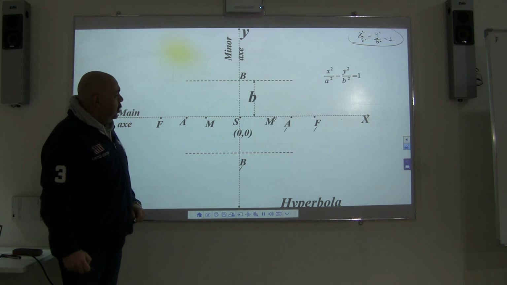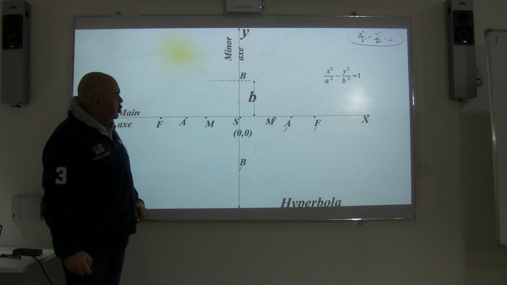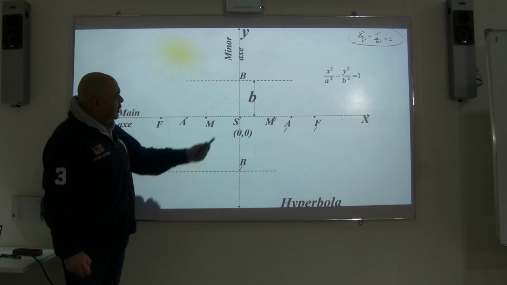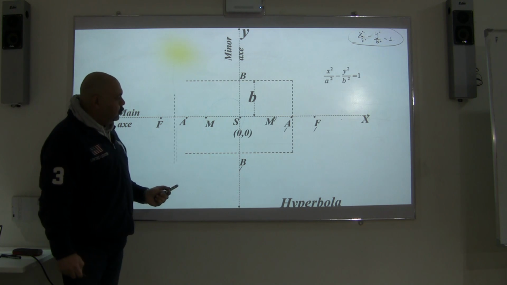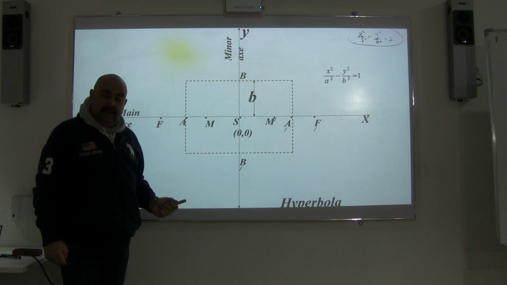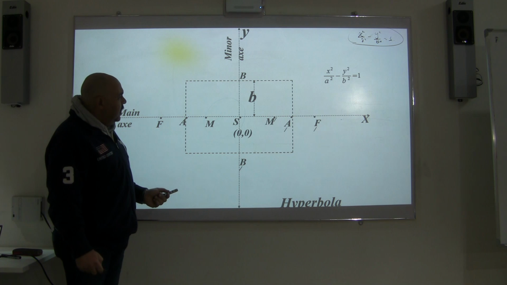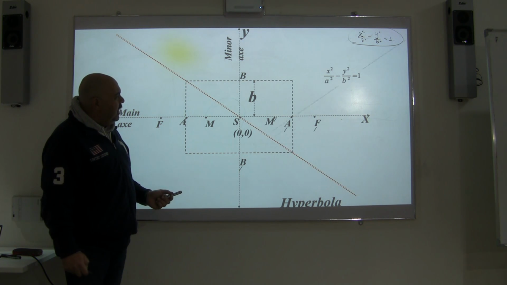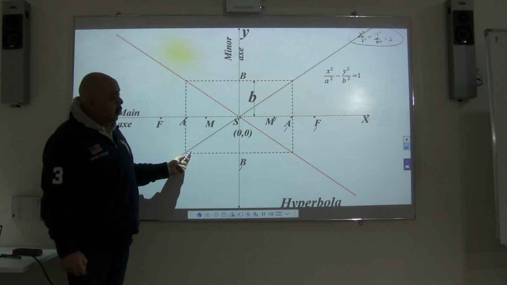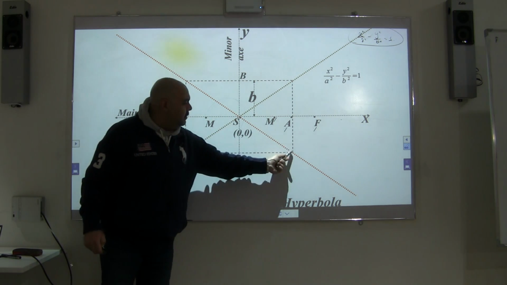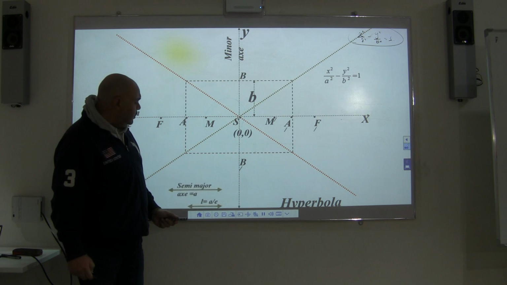Once more, all I did is draw the rectangle, b up, b down, a to the left, a to the right, which are the semi-major and semi-minor axes. Then I will get the diagonals from the left and from the right. These are the two asymptotes.